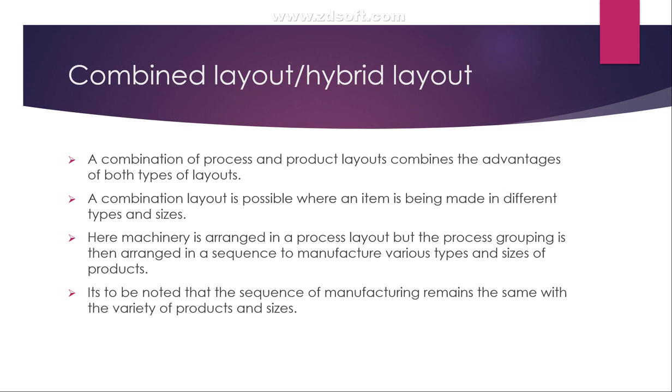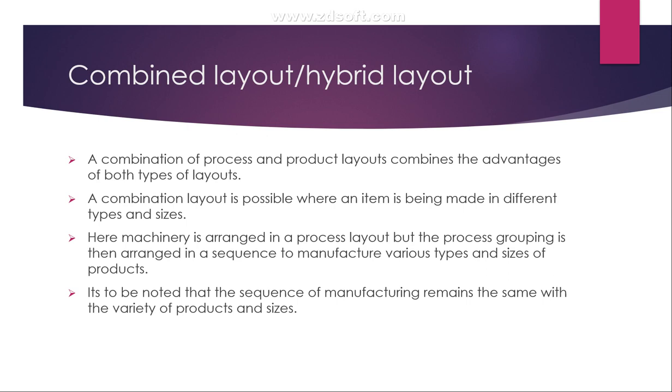It is to be noted that the sequence of manufacturing remains the same with a variety of product sizes. So the plant layout would have a system in place involving the benefits of both layouts, with the sequence of product as well as the functional areas and workstations involved in the process of production.